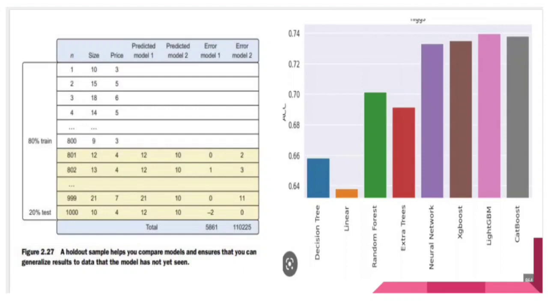So in the table nearby we have the decision tree with the value 0.66, and then the linear model has the result of 0.64, and then the random forest model has the result of 0.70, and then extra trees we have the value 0.69 something, and then neural networks have the result 0.73, and then XGBoost has the value 0.79 something, and then LightGBM has the result 0.74.